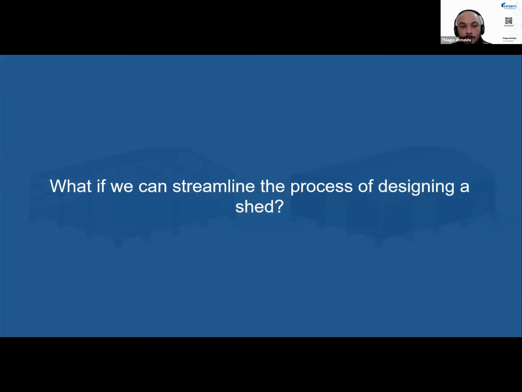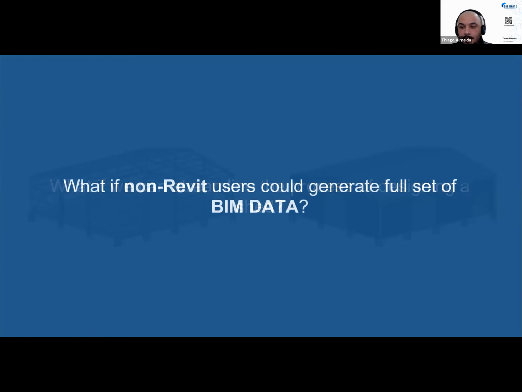Our first question was, what if anyone can streamline this process so they can design their sheds in real time and have full documentation of it? What if non-Revit users can use the solution to bring time and money savings for their clients?